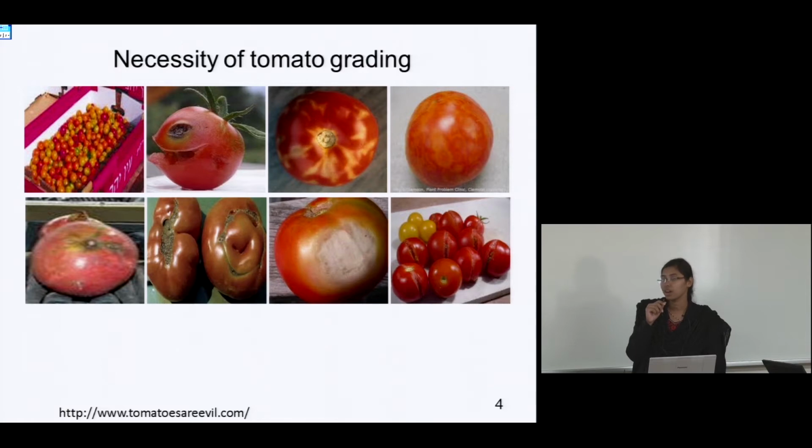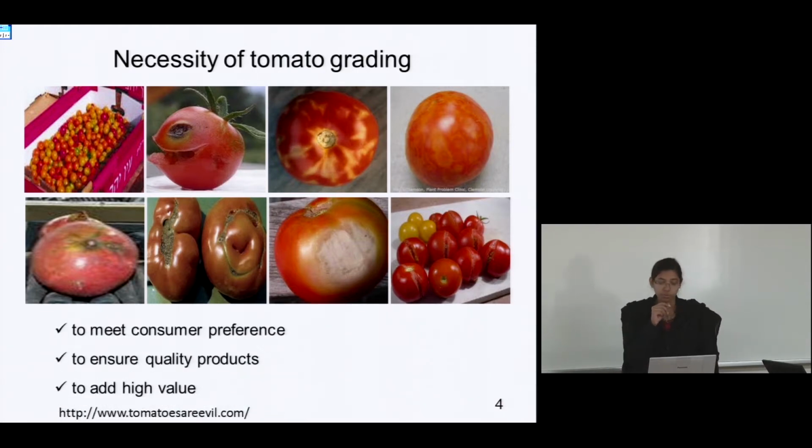So customers do not feel any interest in buying it, and the price of tomato decreases automatically. So to meet consumer preference and to ensure quality product at a high value, we need to grade tomato.